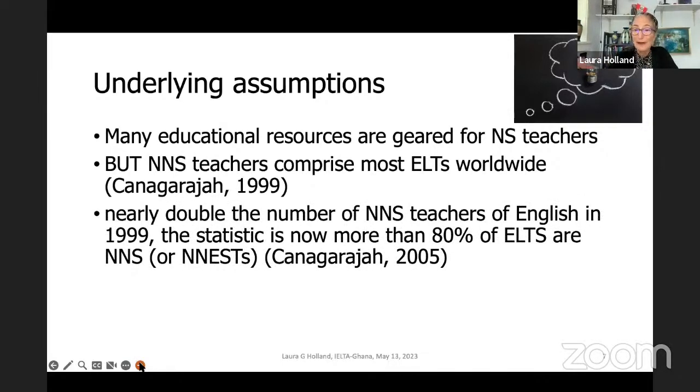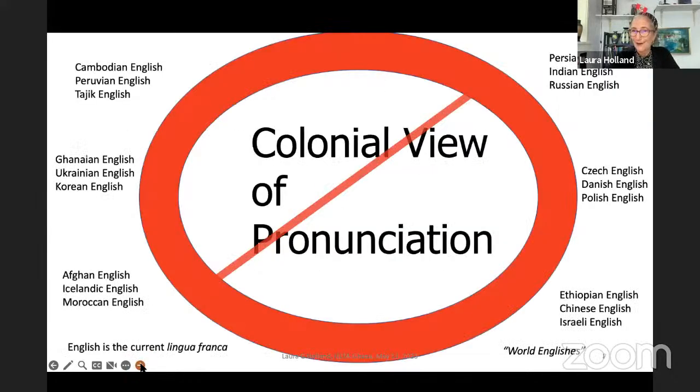Even by 2005, that number nearly doubled. And now it's said that more than 80% of English language teachers are not native speakers. This is a new abbreviation I'm seeing: non-native English speaking teachers, or NNESTs, versus native English speaking teachers, NESTs. So what does that mean for us?